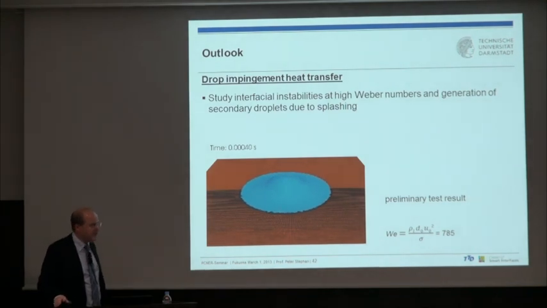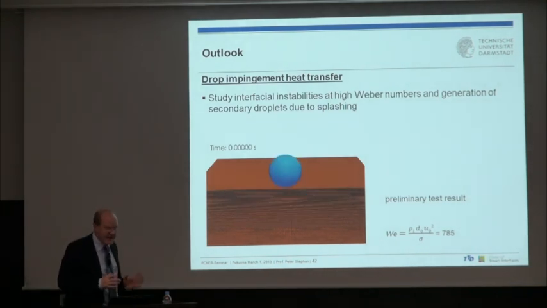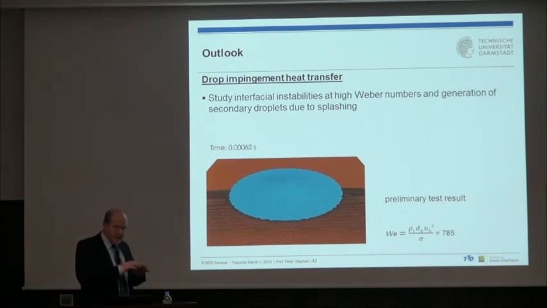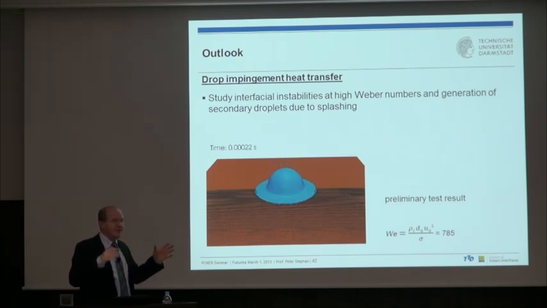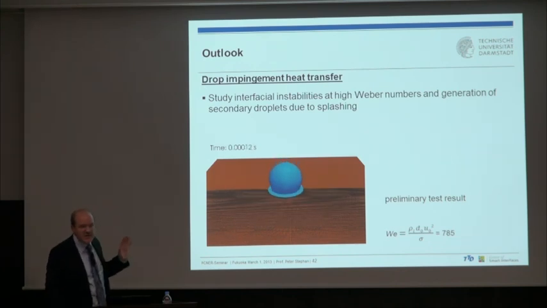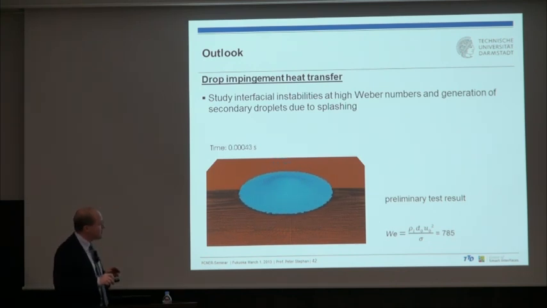Another thing we want to study is drop impingement at higher Weber numbers, because at very high Weber numbers you have splashing. We are not able to simulate splashing. We started some preliminary calculations with higher Weber numbers where we can see some instabilities.